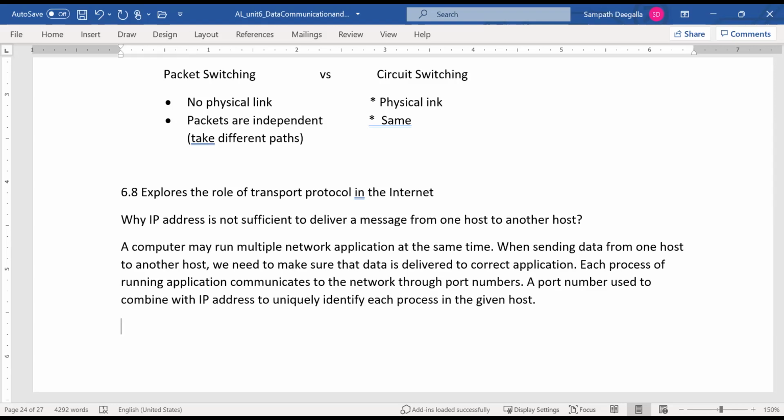Now let's write down some of the port numbers. There are many, but I'm not going to write down everything. Port number examples.